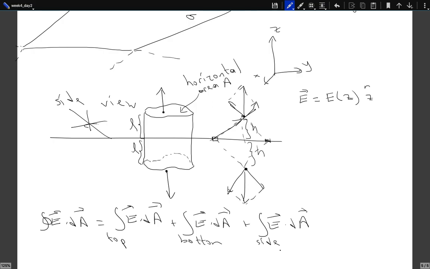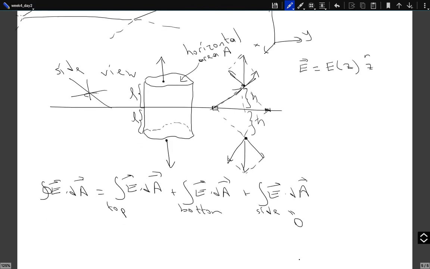But in both cases, the electric field and the area vector are perpendicular to each other. So the scalar product of two perpendicular vectors is always 0. So this is 0.